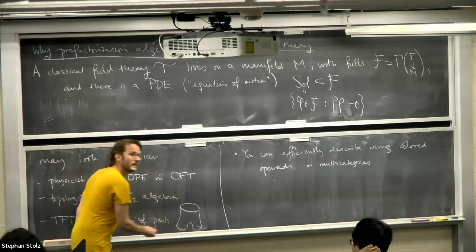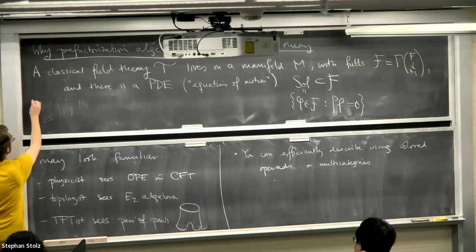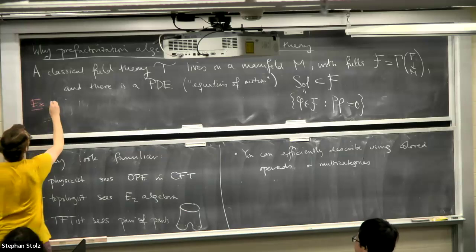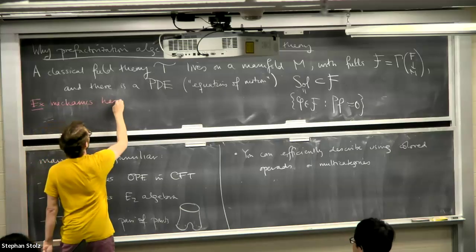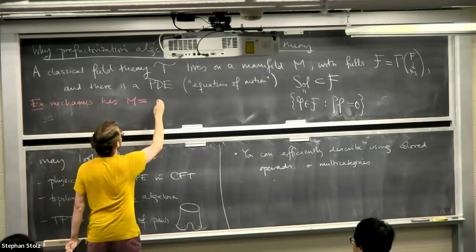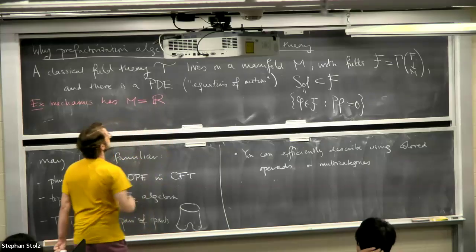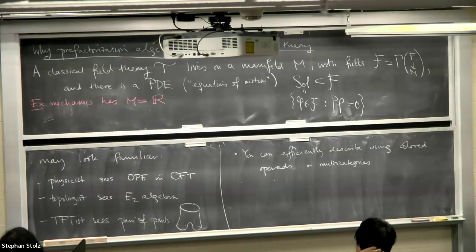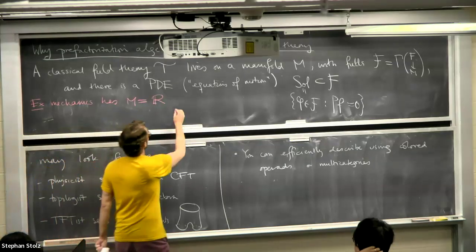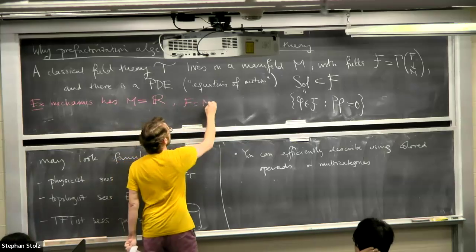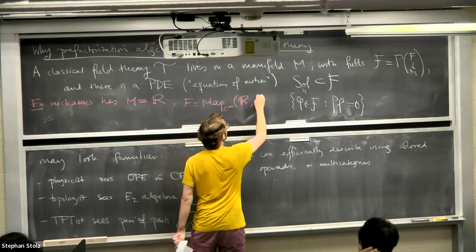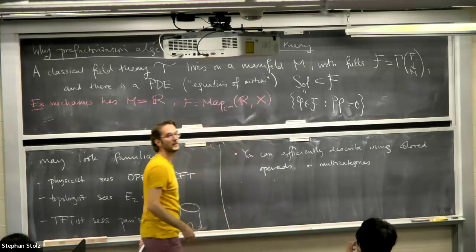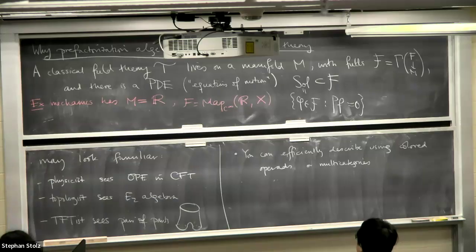So we've actually met or sort of gestured at an example. So mechanics has M equal to the real line. The fields might be smooth maps from the real line into some target space X, like we talked about R3 or SO3.